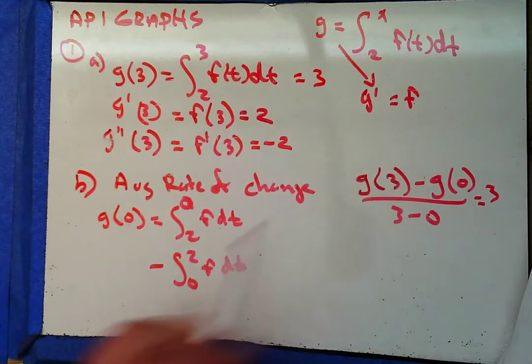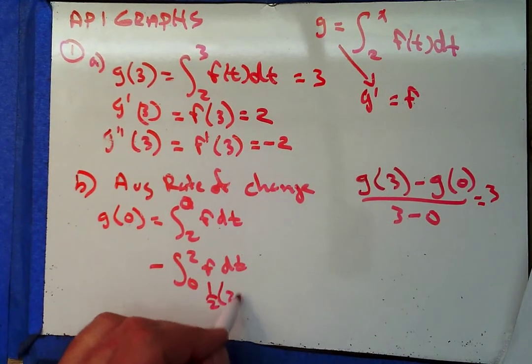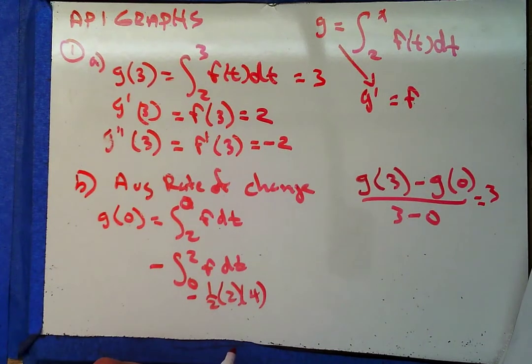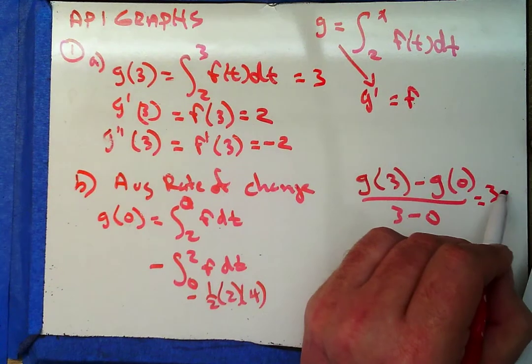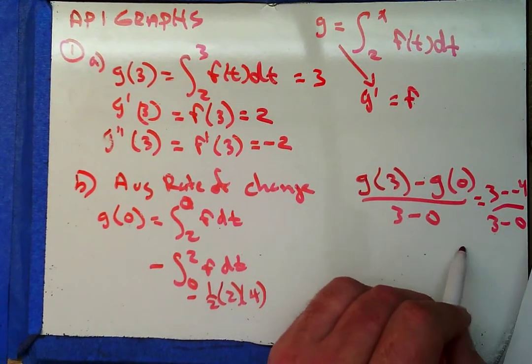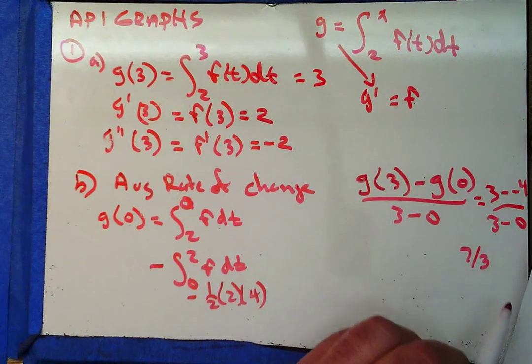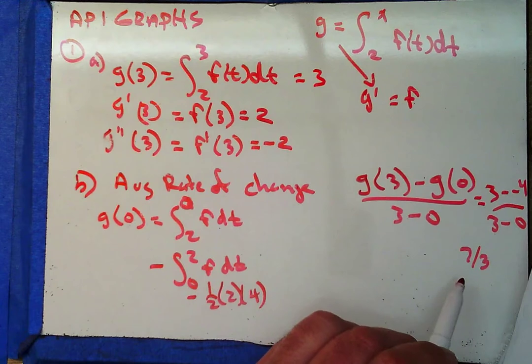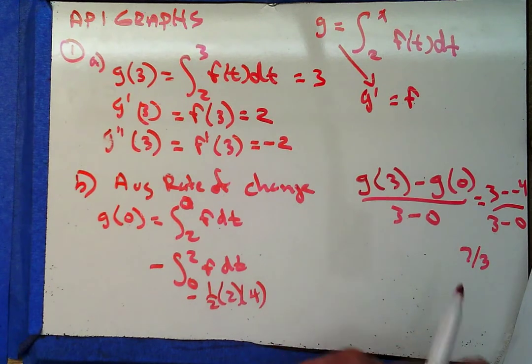So I've got 1/2 times 2 times 4. Don't forget there's a negative out front. So g of 0 is negative 4. So 3 minus a negative 4 over 3 minus 0, and I get 7/3. 7/3 is the average rate of change of g on 0 to 3.